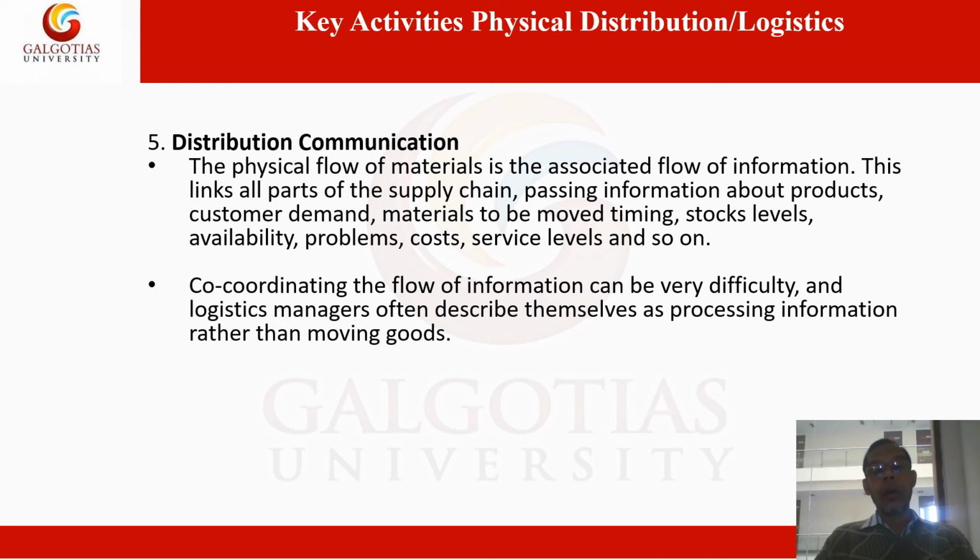Coordinating the flow of information can be very difficult, and logistics managers often describe themselves as processing the information and taking decisions. So in decision making, the right information at the right time plays a very important role.